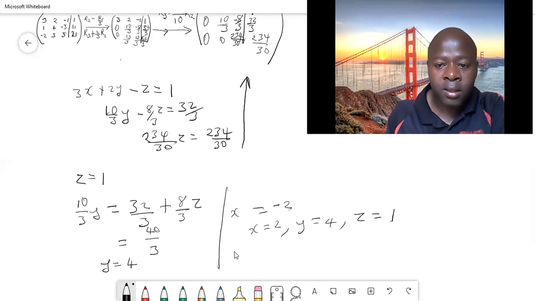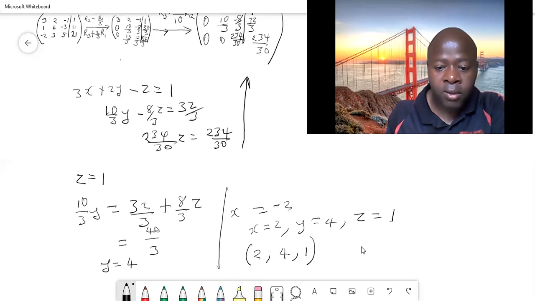So normally, this solution is written in the form of a column vector. You can write it in the form of a column vector or in the form of a row vector. So let's write it as an ordered pair: (-2, 4, 1).